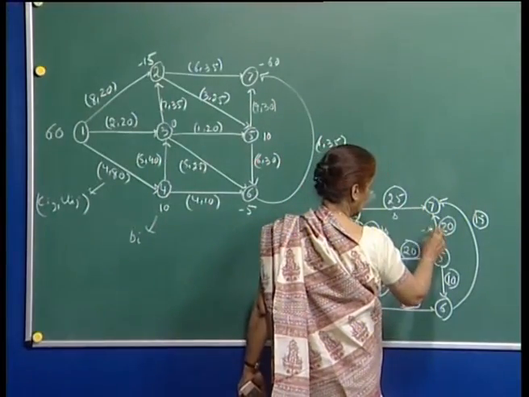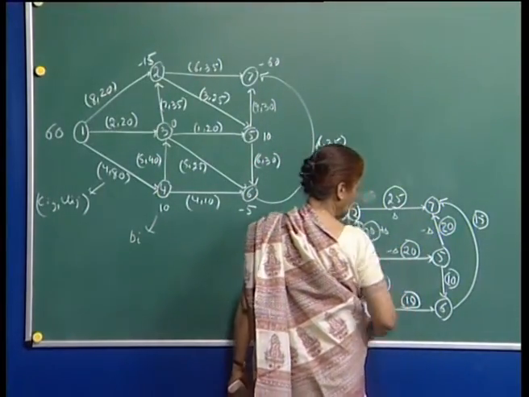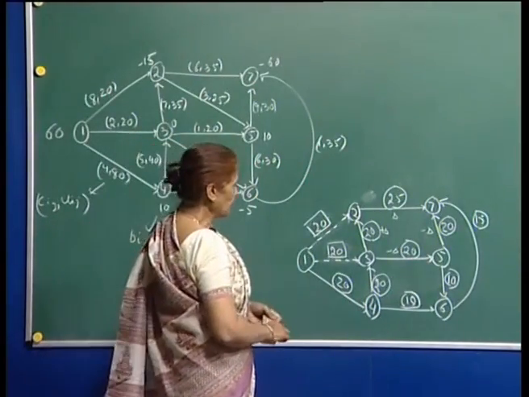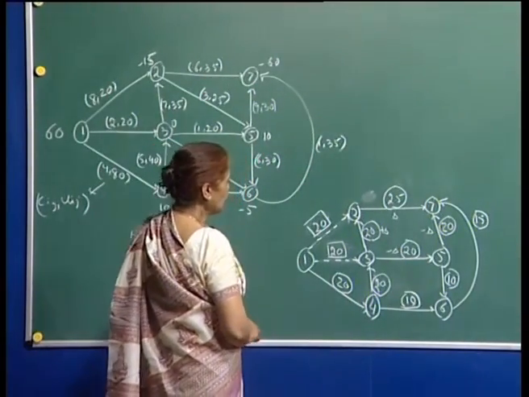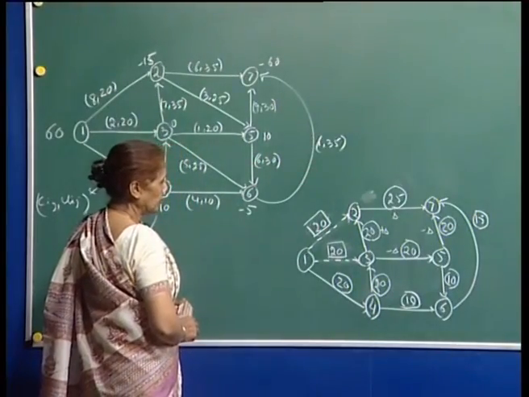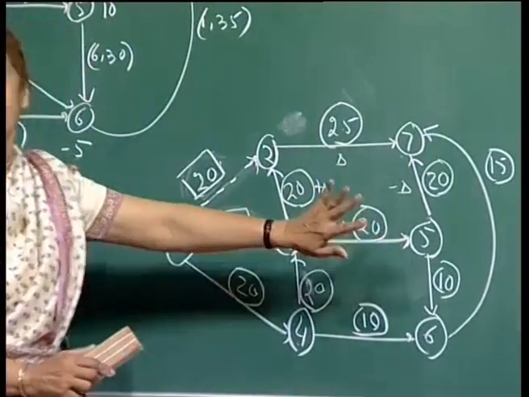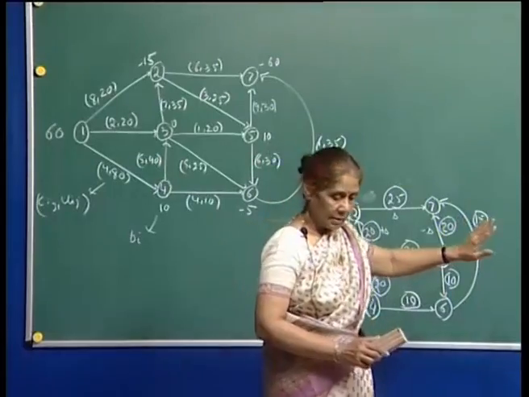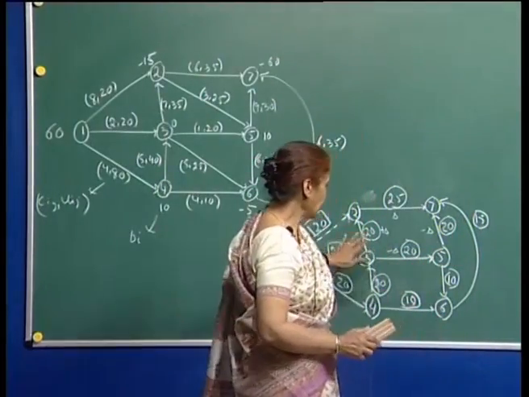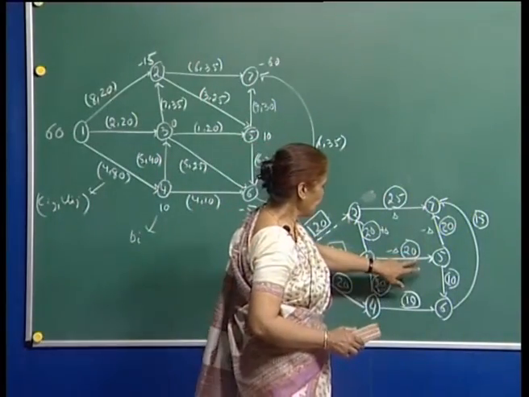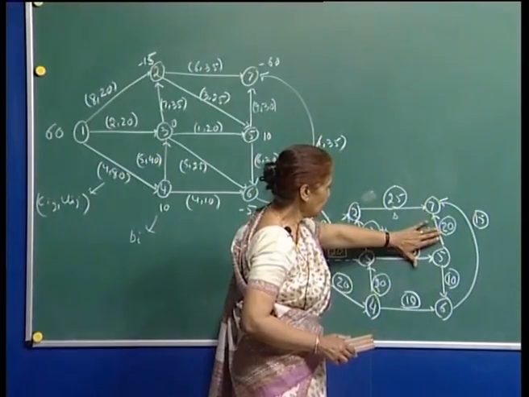Then this will be minus delta, and this will be minus delta, right. This way I can redistribute the flow. So what is the limit for delta? It comes out to be 20. Fine. And since the idea is to get rid of as many arcs as possible, in the sense that I should only have 7 of them left, I'll choose delta to be 20. And so both these arcs will go away, right.